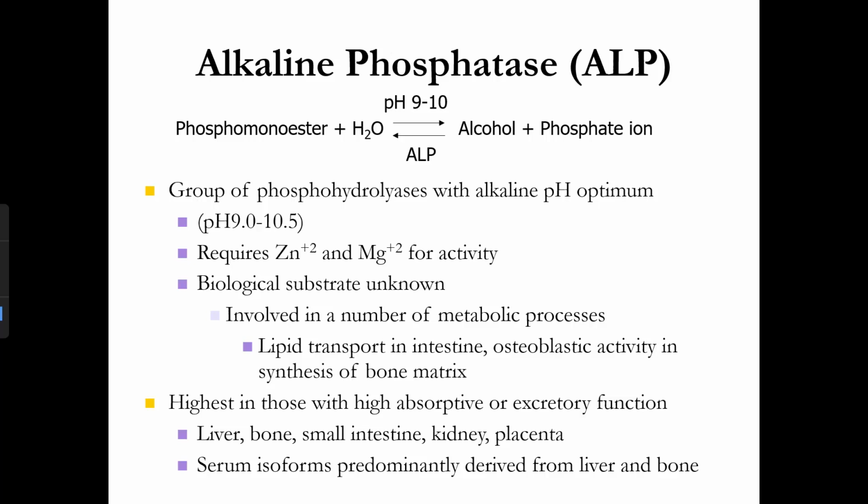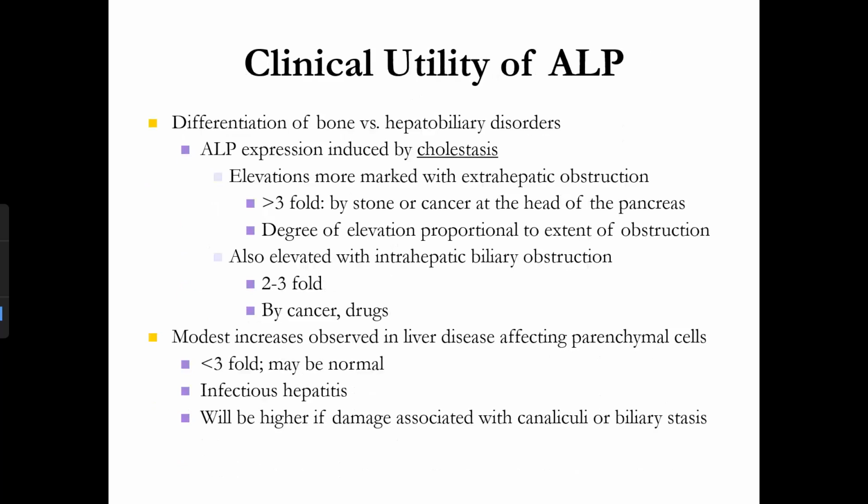Liver, bone, small intestine, kidney, and placenta. Serum isoforms predominantly derived from liver and bone.